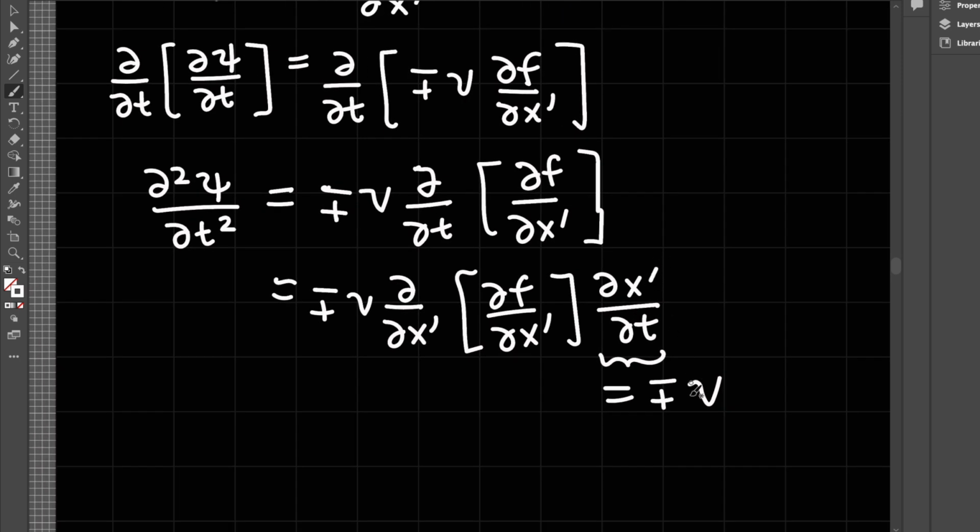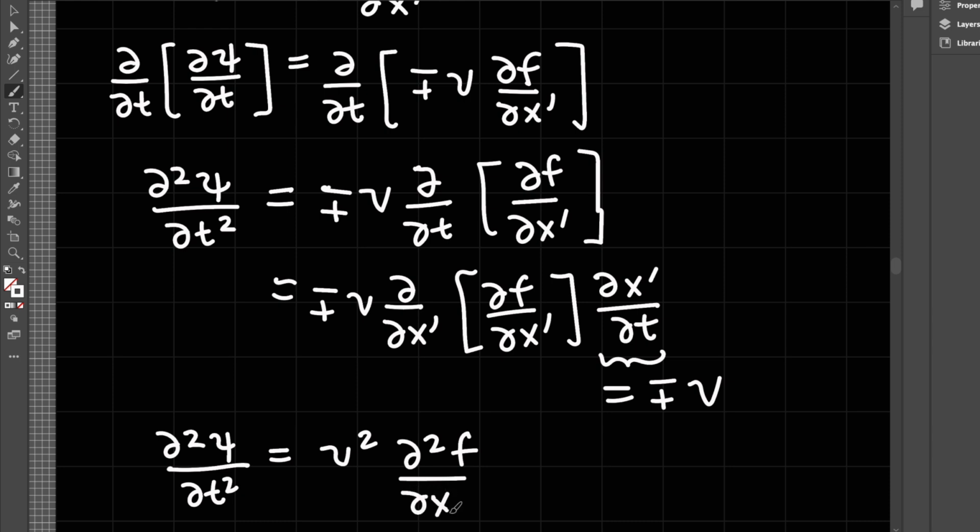So note that negative positive v times negative positive v is equal to v squared, regardless whether both v are negative or positive. The second order partial of psi with respect to time is equal to v squared times the second order partial of f with respect to x prime.